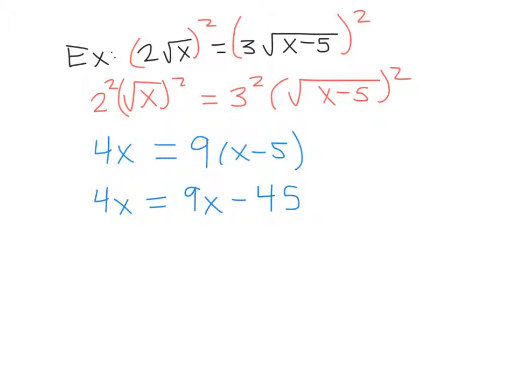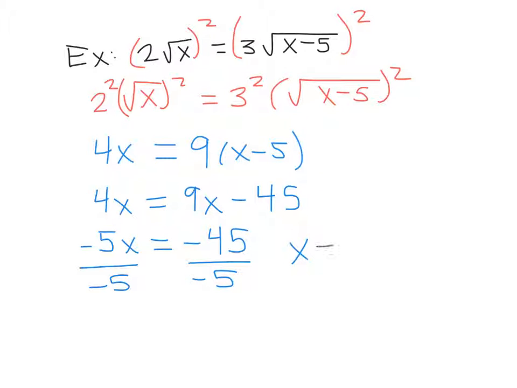All right, now let's get the x's on the same side. So subtract 9x from both sides, so we get negative 5x equals negative 45. And then finally, divide both sides by negative 5, which gives us x equal to a positive 9.